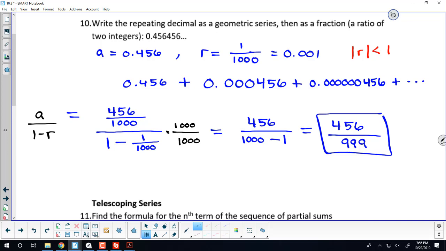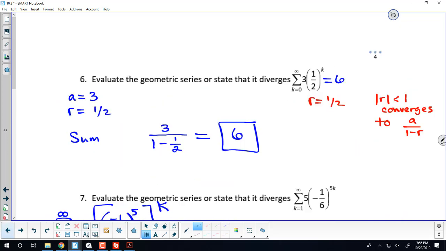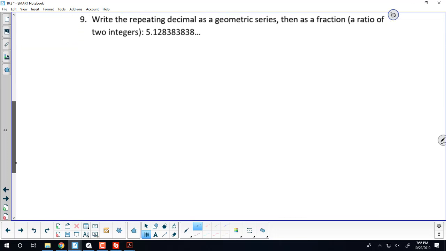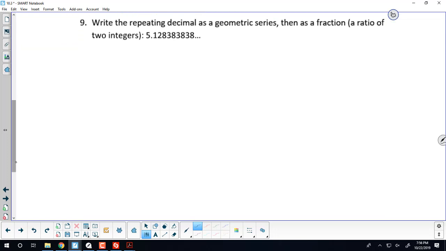So then going back to example 9. Again, the geometric series is the part of that fraction that repeats. So we have to take this 5.12 and separate it out and then work with it later.